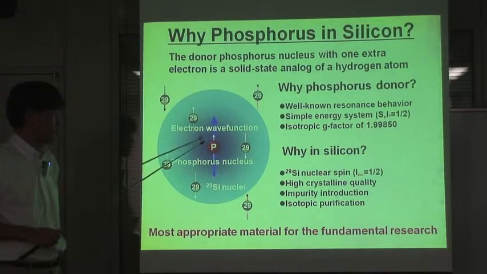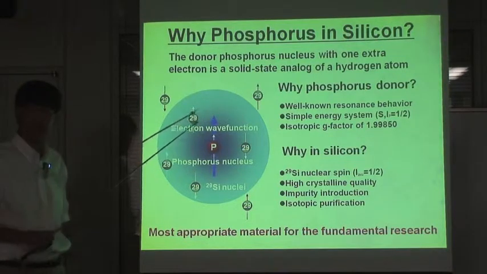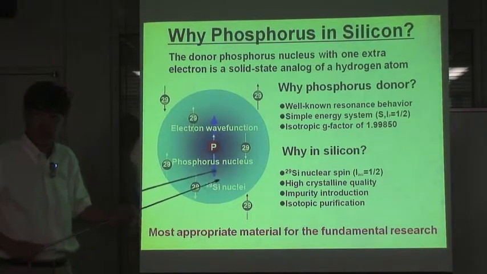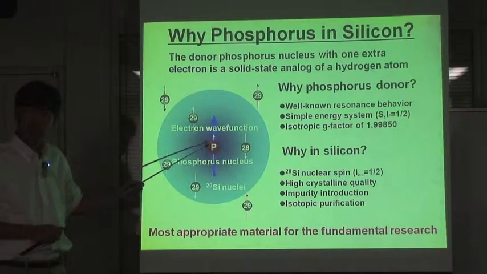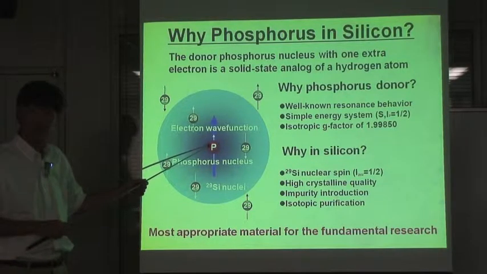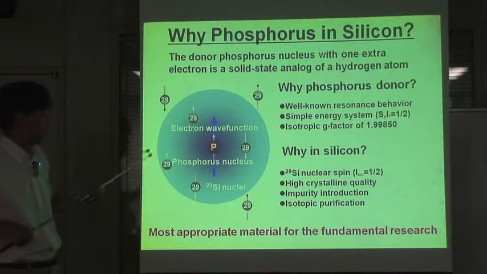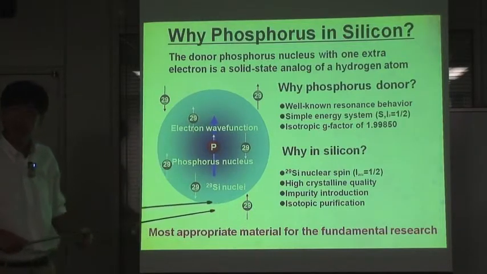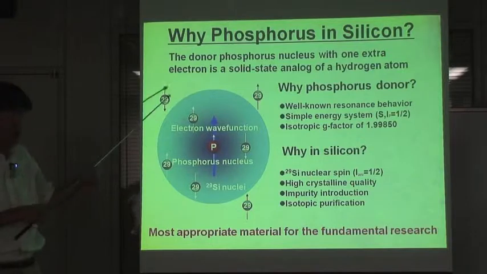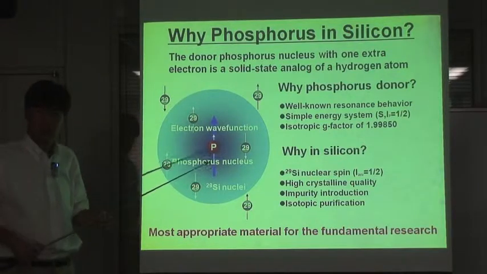As I mentioned, we want to use phosphorus to orient silicon-29 nuclear spins situated around phosphorus. Phosphorus is a donor in silicon at low temperature. It has one nuclear spin and one electron bound to phosphorus. The blue shows the electron cloud, and there's one electron within this electron cloud.